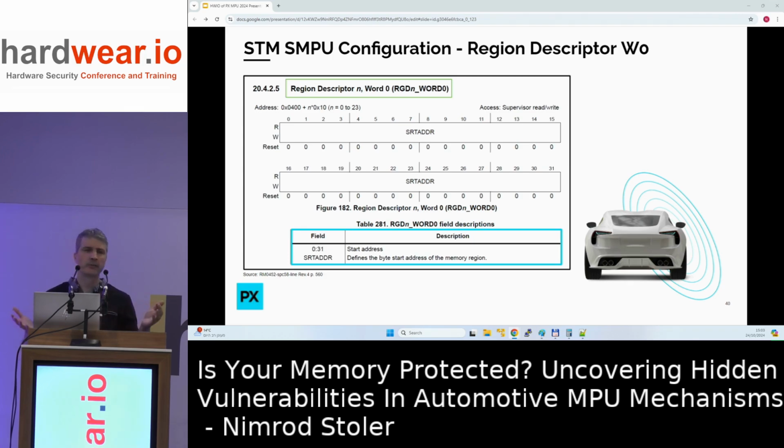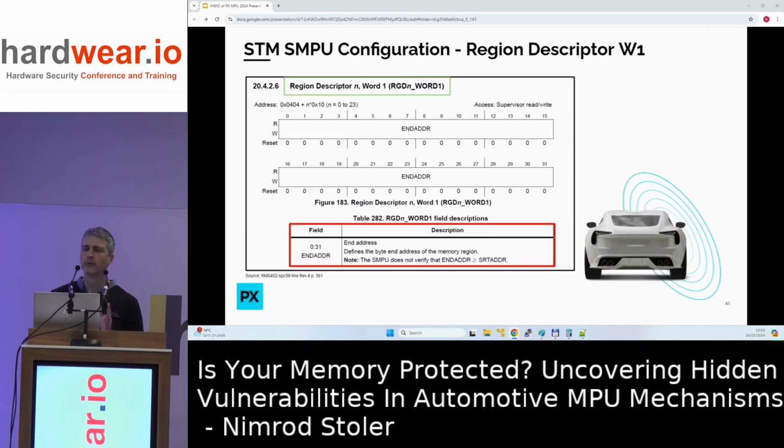Now we're getting down to business and actually setting up the SMPU. This is the region descriptor word 0 register, and here we define the 32-bit start address of the protected memory region. Next we have region descriptor word 1, which defines the end address of the protected memory region.